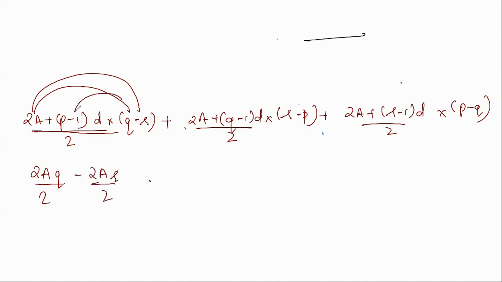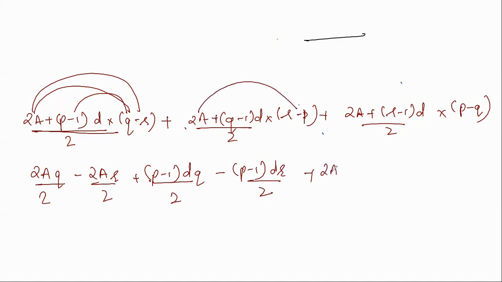Then (p minus 1)d with q, so plus (p minus 1)dq by 2, minus, because r is of minus, (p minus 1)d multiplied with r. Similarly, this 2a multiplied with r is 2ar, then 2a multiplied with p is 2ap.